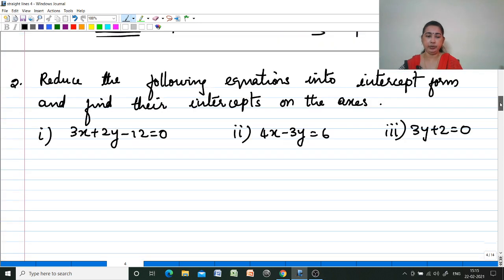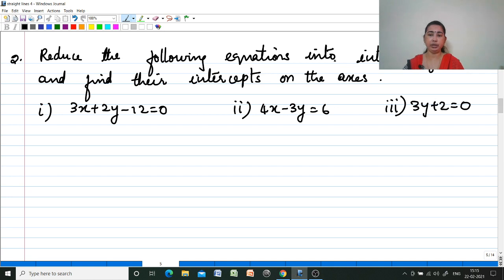Now the second question: reduce the following equations to intercept form and find their intercepts on the axes. You have to convert this into intercept form. So 3x + 2y = 12.